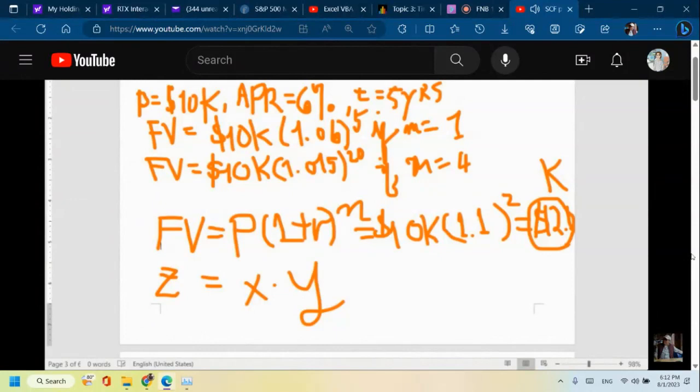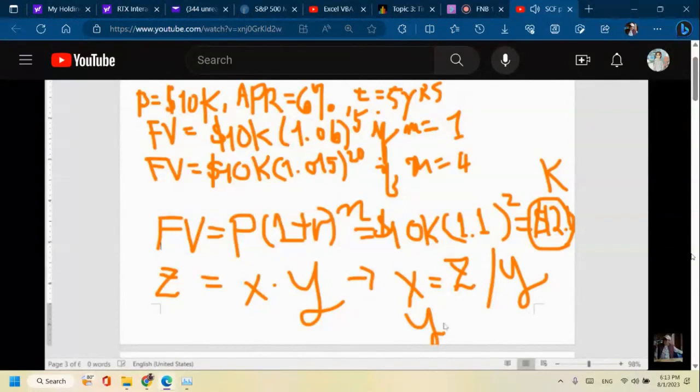And if you can identify the structure, how do you solve for x? X is then z divided by y, right? And also y equals z divided by x. Isn't that right?